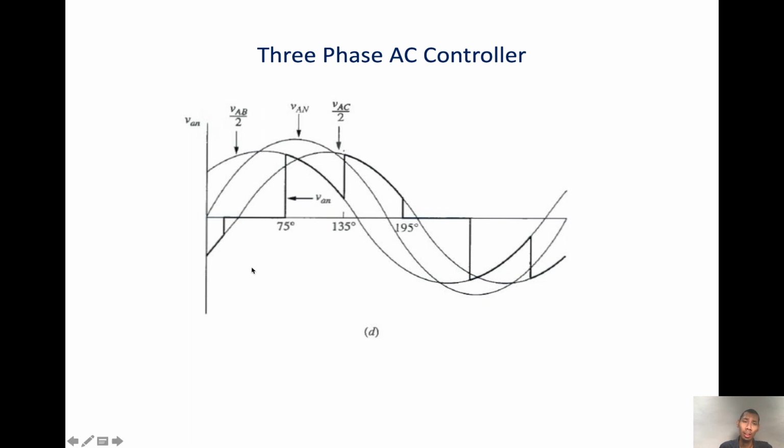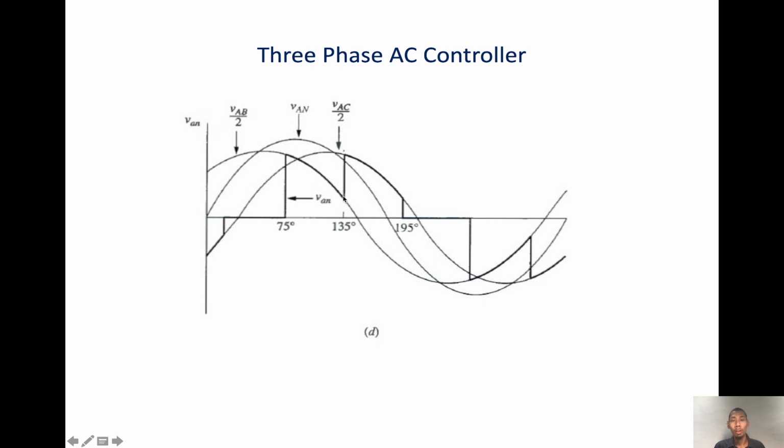So this is an example for a firing angle of 70 degrees. For the case of 75 degrees, there are only two thyristors on, with alpha being 60 degrees. So the shape will follow the line to line voltage divided by 2, and this is entirely two thyristors on.